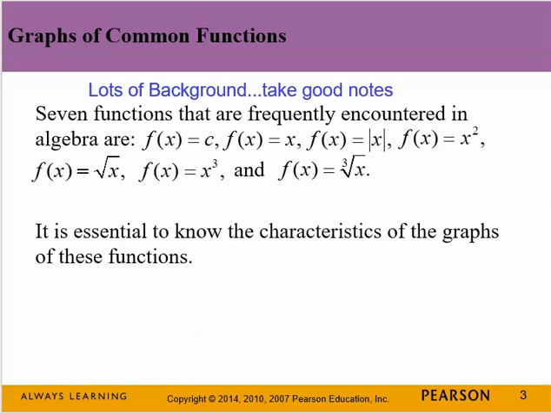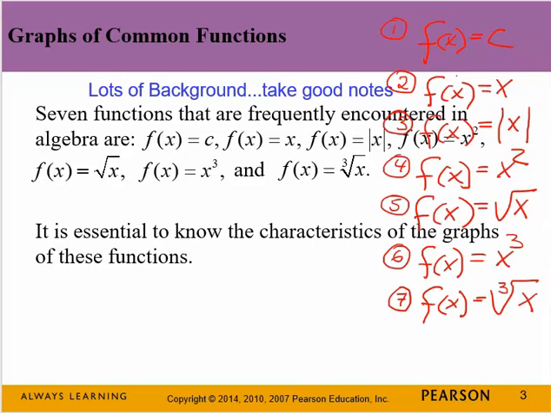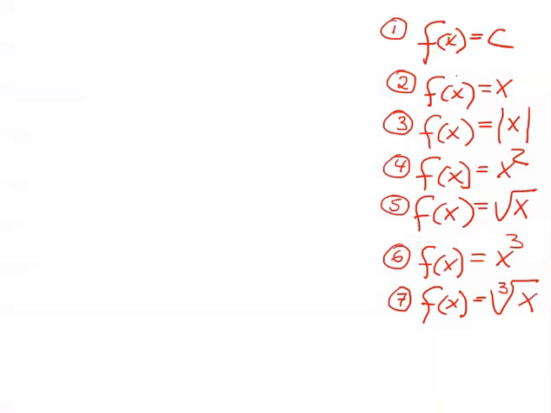Now, when we think of functions, there are a number of common functions. And I suggest you make a list of this. So whether there's room on the right or left, wherever you're taking notes, let's make a list of these.